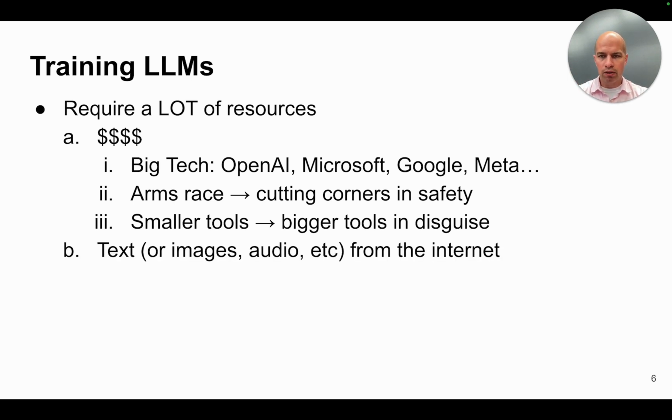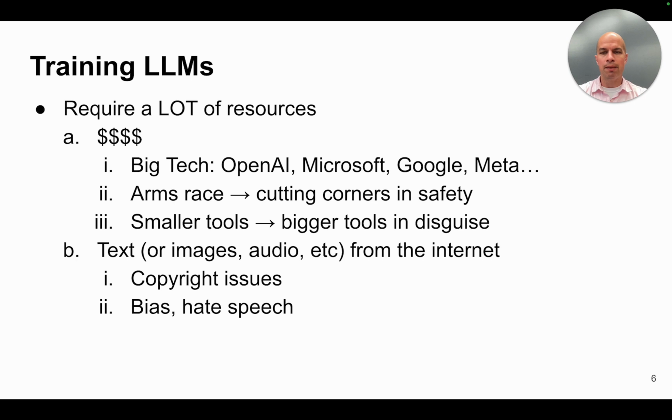Training these LLMs also requires a bunch of text or images or audio, etc., from the internet. This can lead to copyright issues when these models were trained on materials that they did not have permission to use. It also means that bias and hate speech that was in the text they were trained on can appear in the large language model.